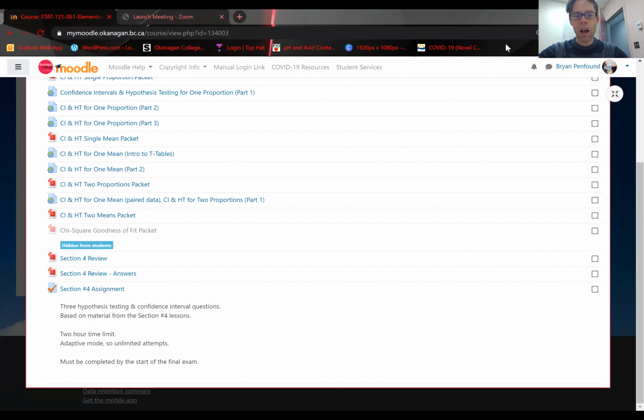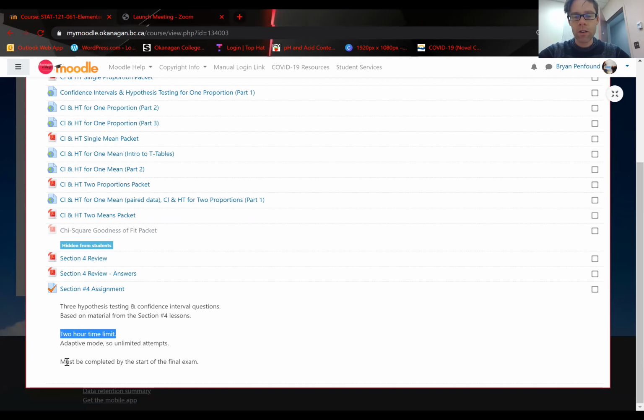So it's not going to be a timed test. Well, it's going to have a time limit, but a very generous one compared to some of the tests. The real key here is that this is going to be an adaptive mode assessment.